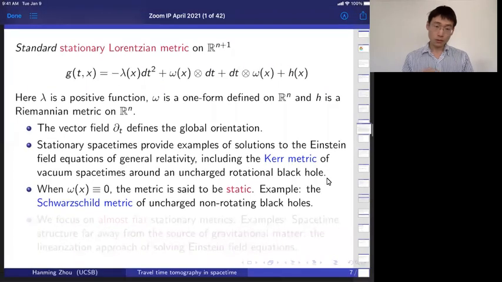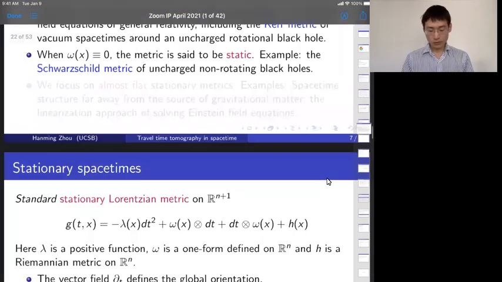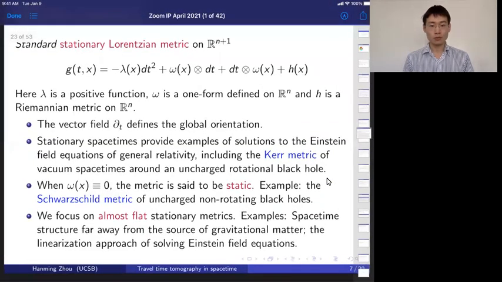And in our work, we will also give a further restriction: we consider this Lorentzian stationary metric which is almost flat under some proper norms. I will define that in the coming slides. You can consider this almost flat stationary metric as the space-time structure far away from some gravitational source.